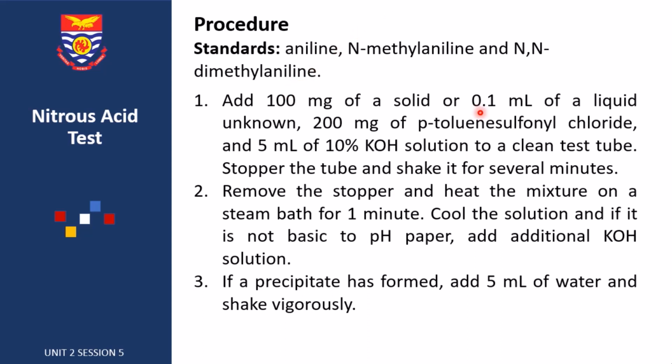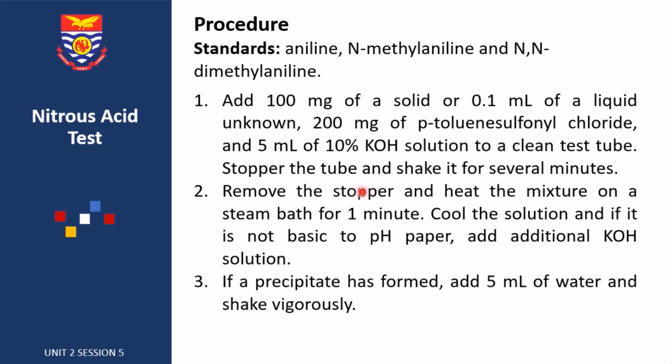If it's a liquid, you need 0.1 mL of it, and then you add your p-toluenesulfonyl chloride, and then 5 mL of the 10% base. In this case, either sodium hydroxide or potassium hydroxide can be used. You transfer this into a test tube, stopper it, and shake it for several minutes, and then you take off the stopper and heat the mixture in a steam bath for about a minute.